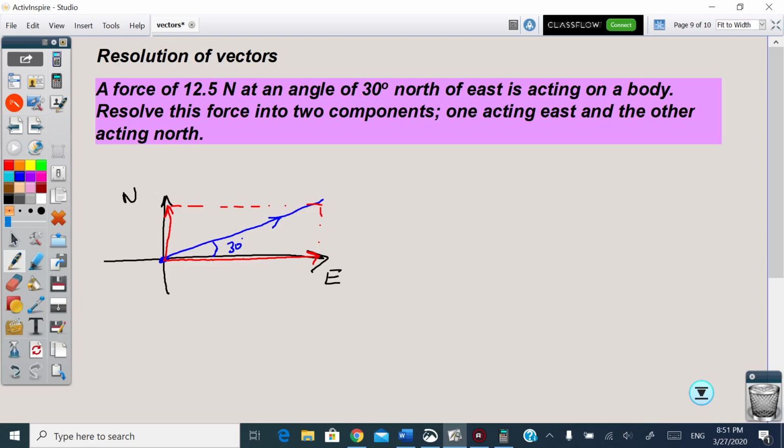Now, since this force is 12.5, let's call this part x and let's call this y.